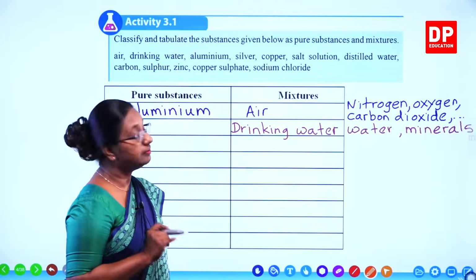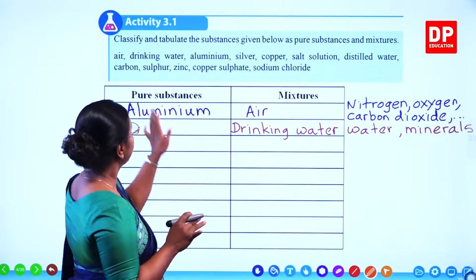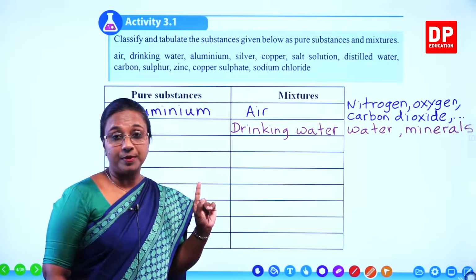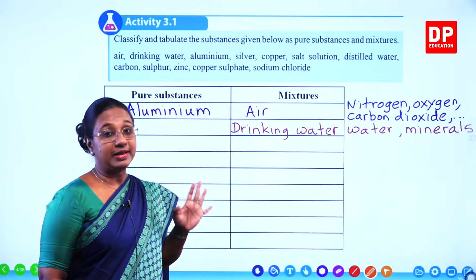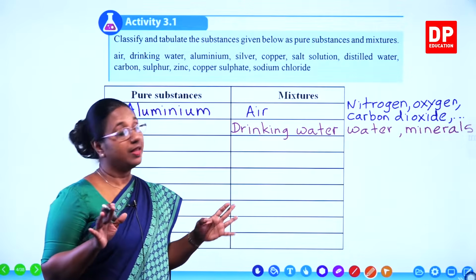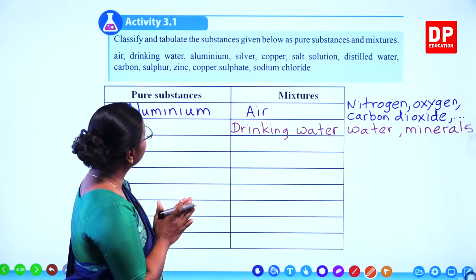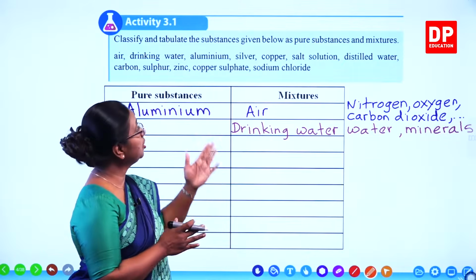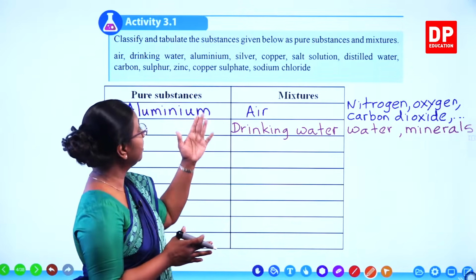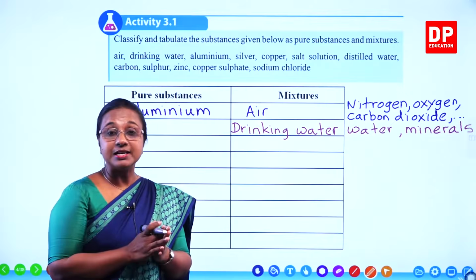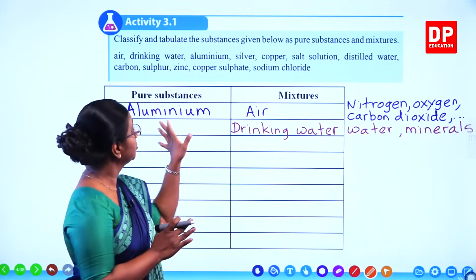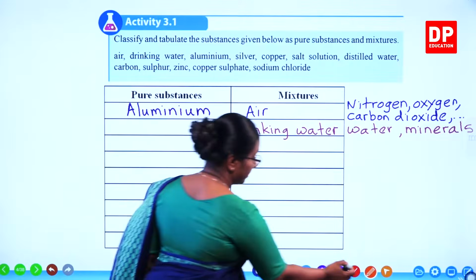After that, copper, that is also a pure substance. Now, if you take all these three, aluminium, silver and copper, you know they are all metals. You would have seen them. At home, we have all these metals in different forms, maybe the aluminium frames, you might have seen silver jewelry, then copper in copper wires. So, you are somewhat familiar with those substances. So, those are pure substances.